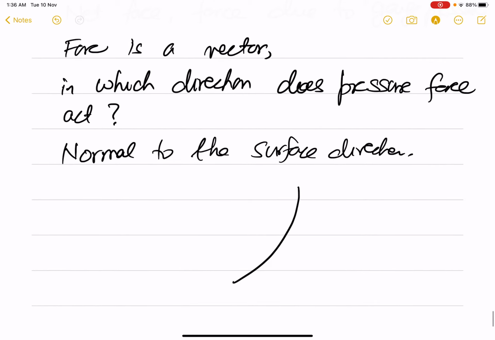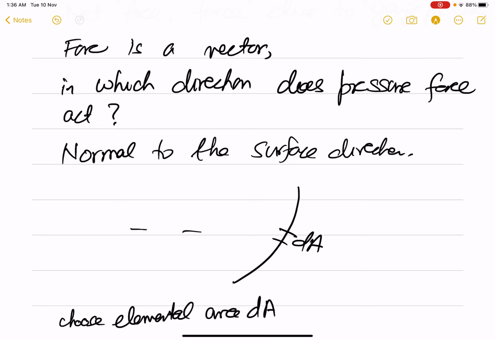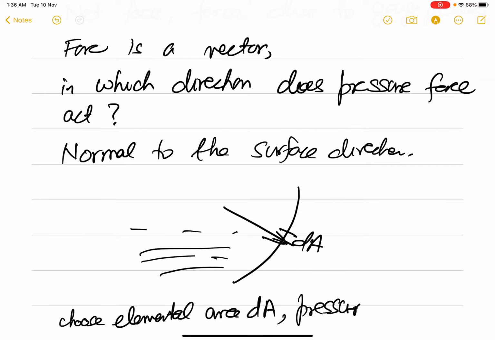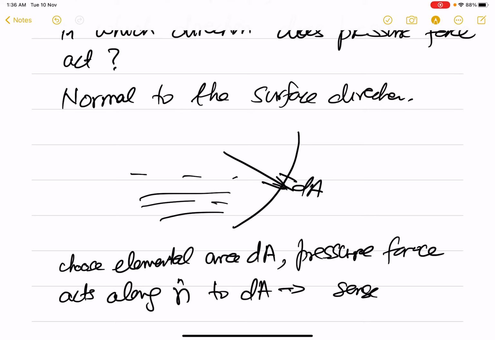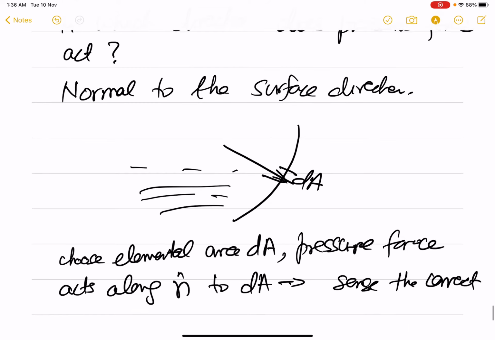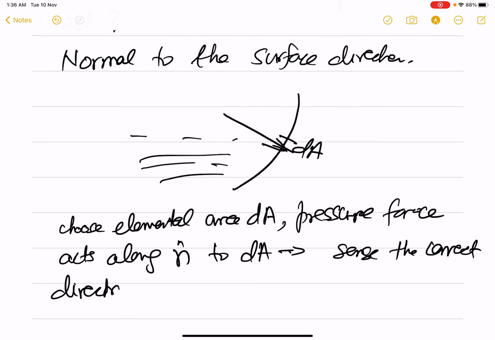So if this is my area, I choose an elemental area dA, and if fluid is on this side, let's say on the left side, then the pressure force acts along normal to dA, and we sense the correct direction by the fluid.